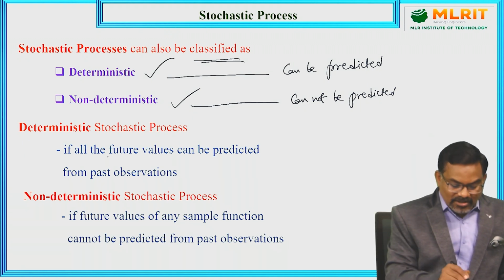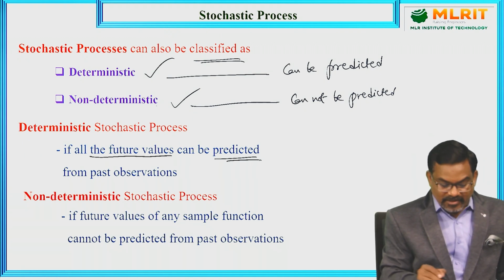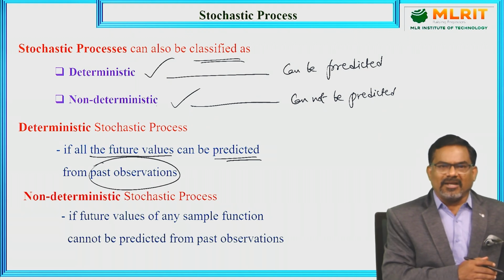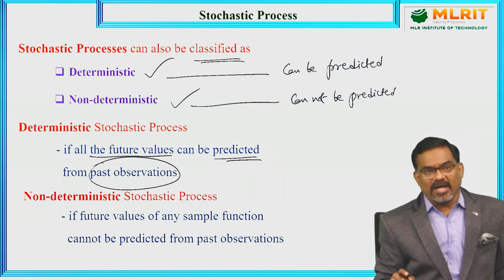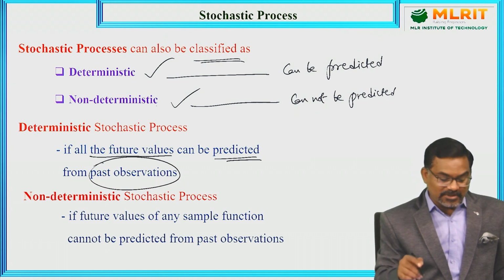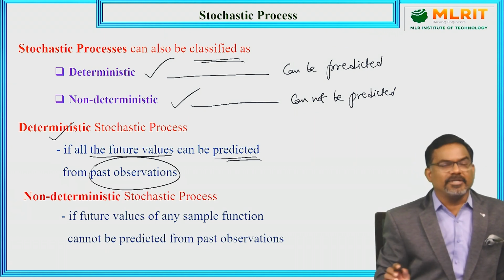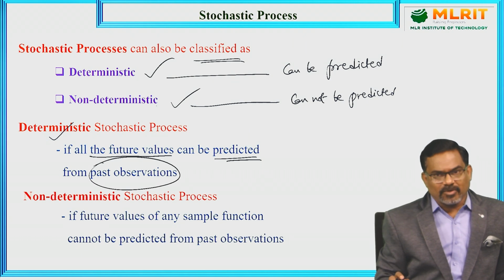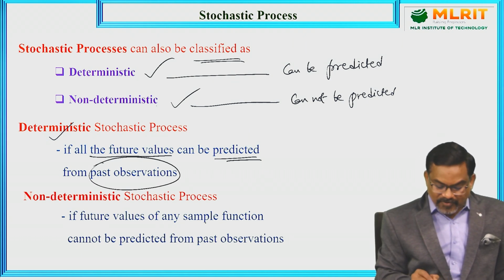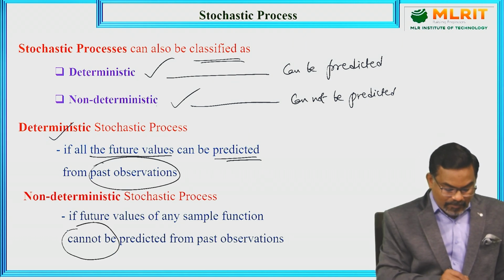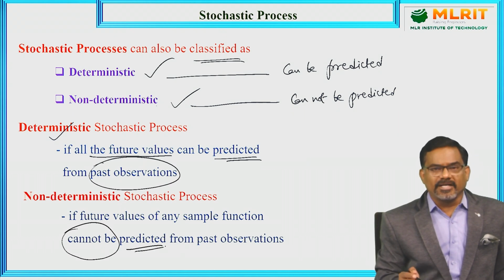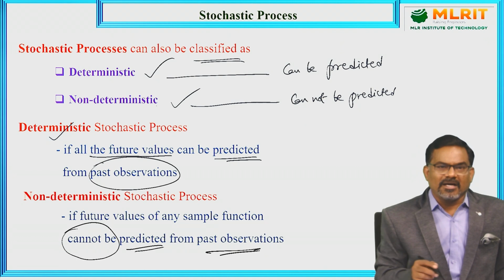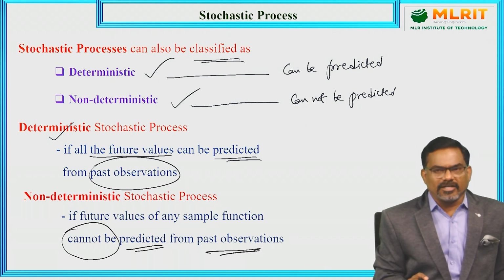So, if all the future values can be predicted based on the past observations, using the previous values, can we predict the next values? If it is possible, then the stochastic process comes under deterministic stochastic process. Non-deterministic stochastic process: if future values of any sample function cannot be predicted, we cannot predict the future values using the previous observations, then the stochastic process is said to be non-deterministic.